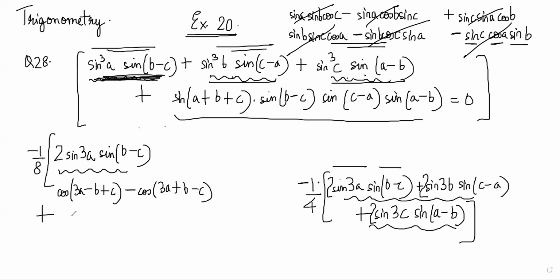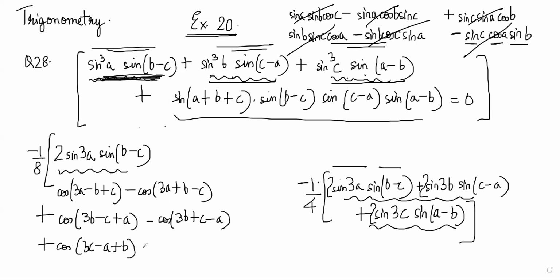Similarly, the second one will be cos of 3b minus c plus a minus cos of 3b plus c minus a. And the third one will be cos of 3c minus a plus b minus cos of 3c plus a minus b. Correct?